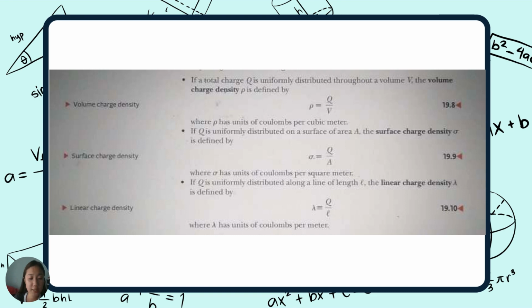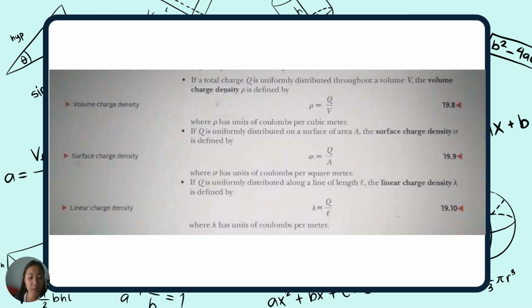And if Q is uniformly distributed on a surface of area A, the surface charge density σ is defined by σ = Q/A, where σ has units of coulomb per square meter.